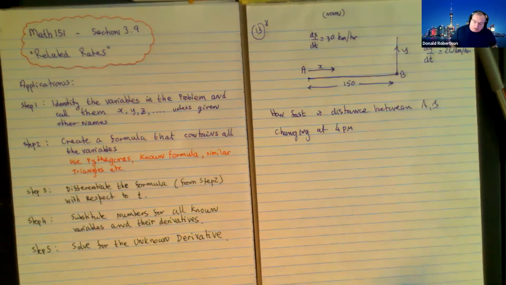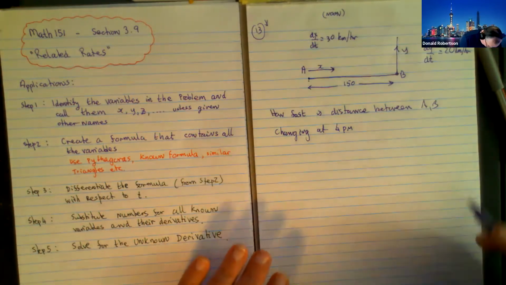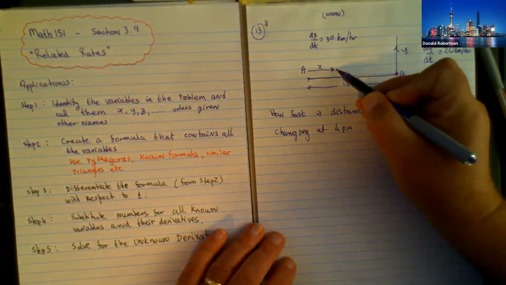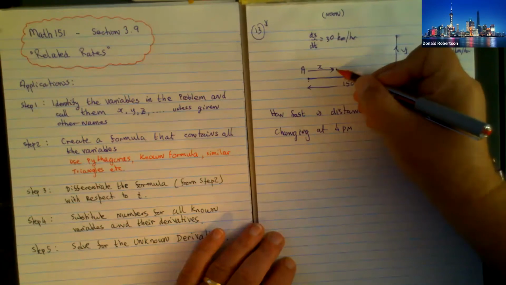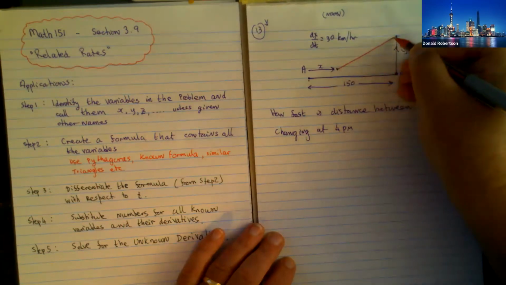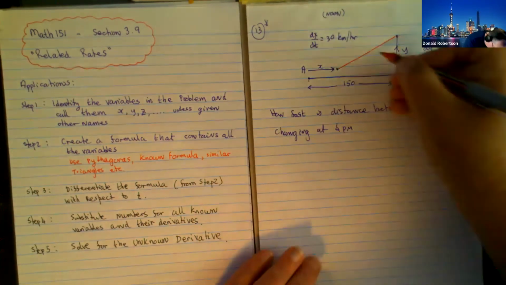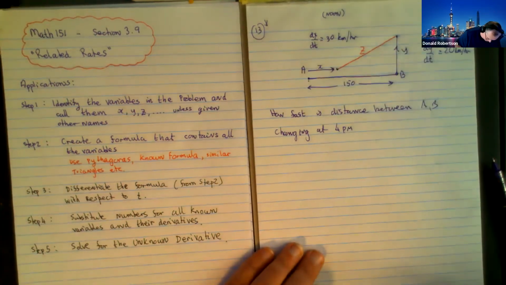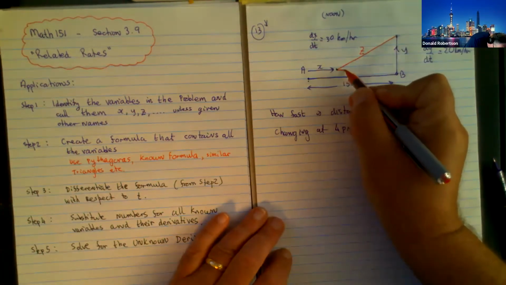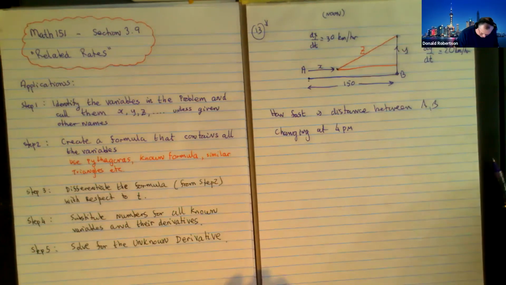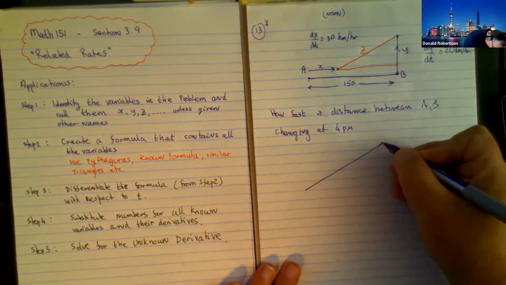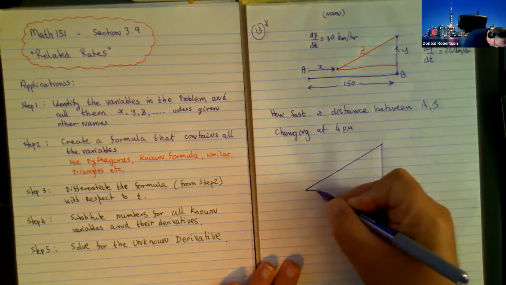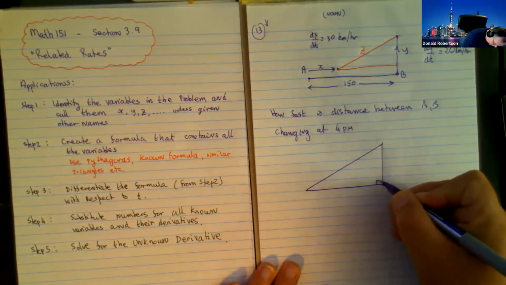So I have a lot going on here, and I haven't quite created all the picture. Because if you imagine this as being a snapshot in time, then the distance between the two boats will be that distance there, right? And I'm going to call that Z. And I'm going to add an extra line this way. So I now have a triangle, which I'm going to redraw, that looks like this.